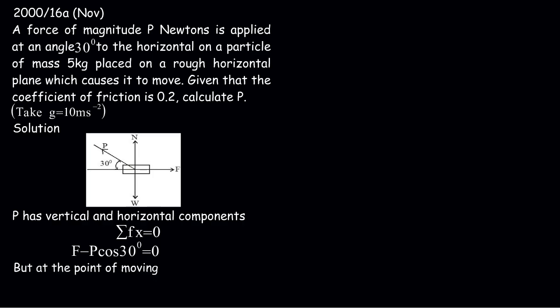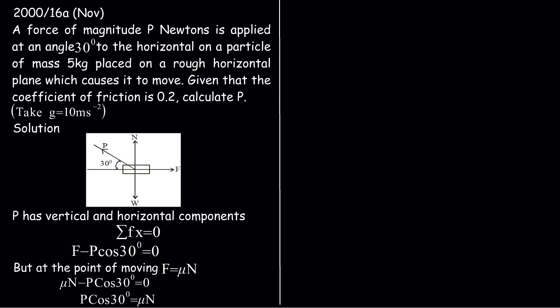But at the point of moving, F is equals to mu N. So therefore it becomes mu N minus P cos 30 will be equals to 0, and P cos 30 will be equals to mu N. We know that mu is equals to 0.2, so P cos 30 will be equals to 0.2 N. Cos 30 is 0.866, so it becomes 0.866 P is equals to 0.2 N. This is going to be our equation 1.